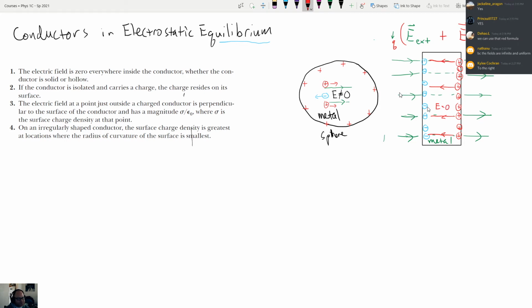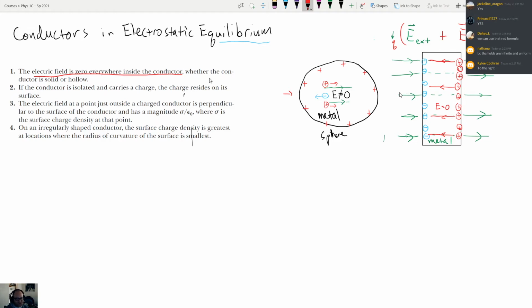So that's just how it works. Anytime you have a conductor, whether it's free, like this one, with no external field, or you apply an external field, it always works itself out so that the field inside automatically drops to 0. The electric field is 0 everywhere inside the conductor.